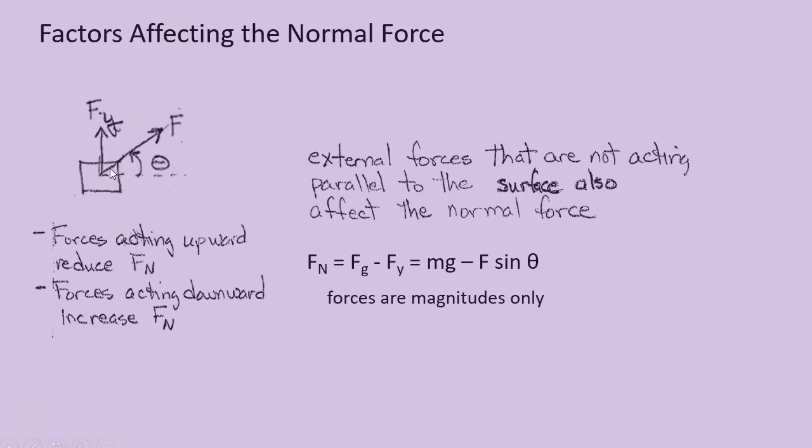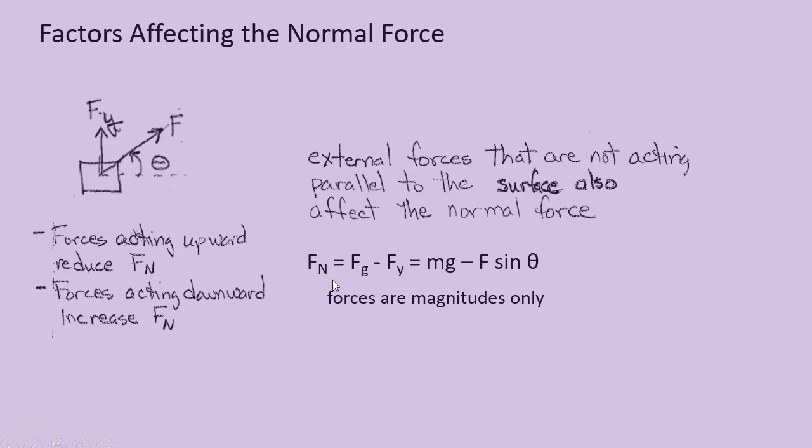On the other hand, if this force were going down and to the right with a negative angle theta, it would give us a vertical component that was pushing or pulling down on the object, and that would create an increase in the normal force compared to the object's weight.